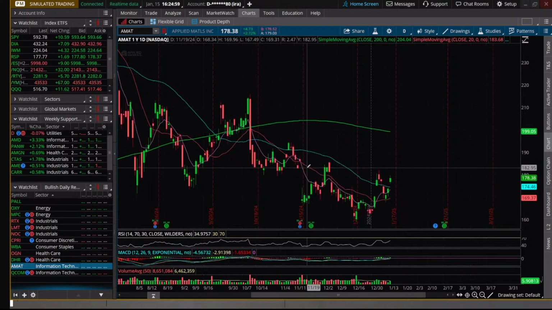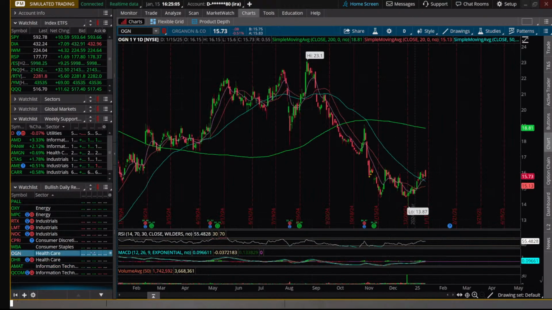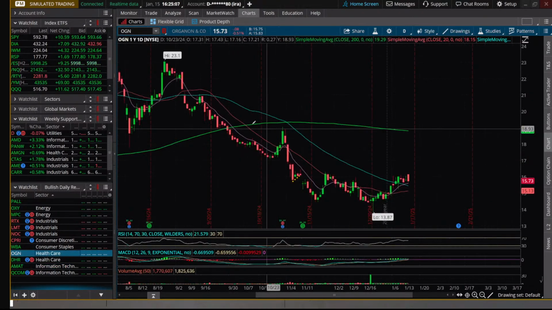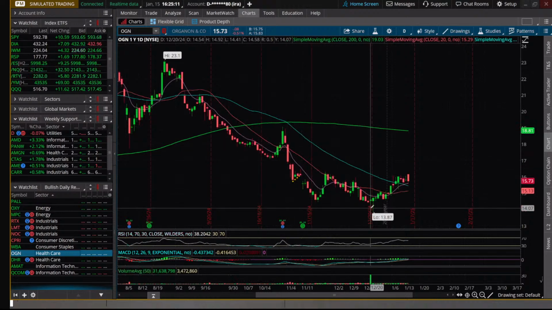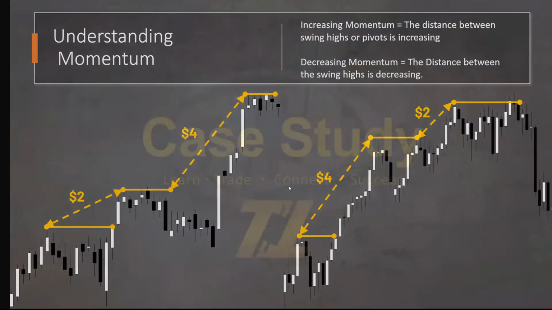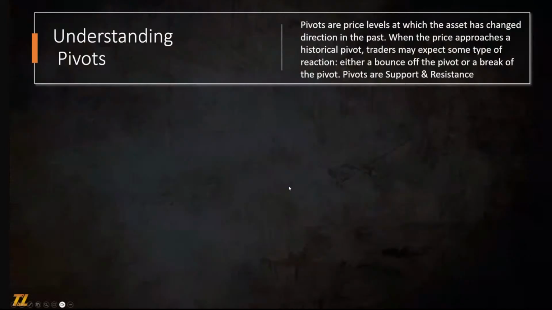It only indicates that the momentum of the current condition is slowing down just a little bit. You look at OGN here: big drop, smaller drop, smaller drop. What does it put us on the radar for? A potential reversal that we track over time. And so momentum is a very, very important part of the puzzle.